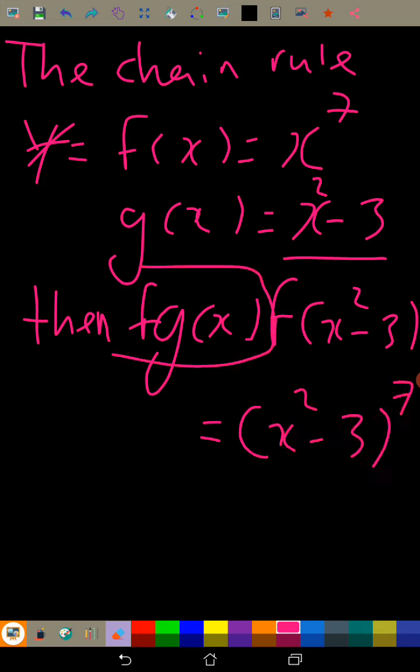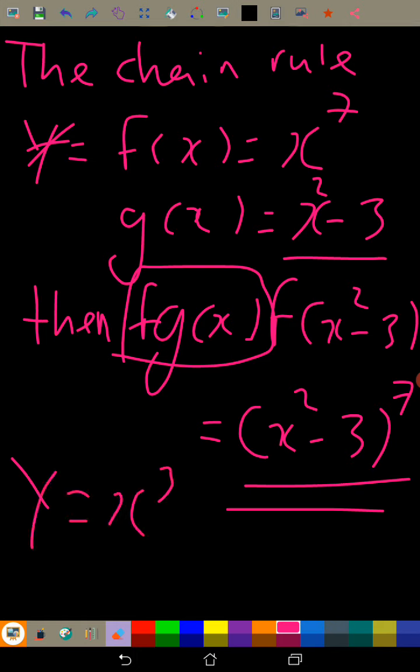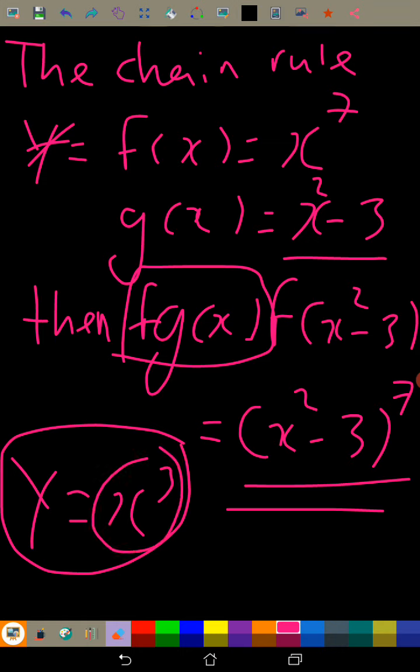As you can see, we have put one function in another function. This is a little bit what we did before when we put y in terms of another function. We created a second function to substitute into the first function to ease our job. So a function can be in another function, and we use the chain rule to solve such problems.